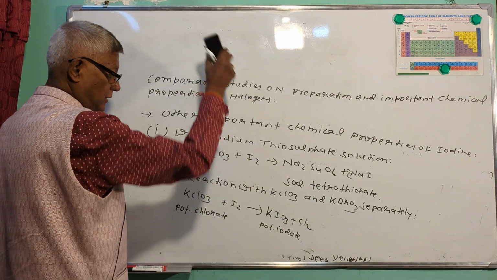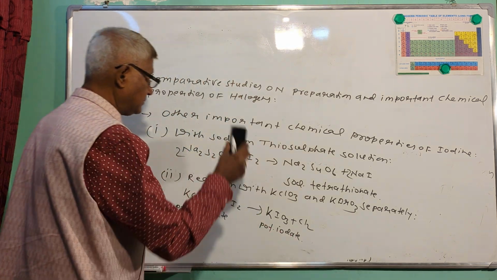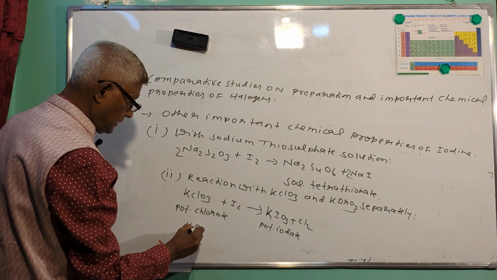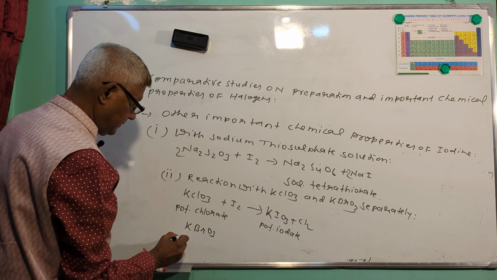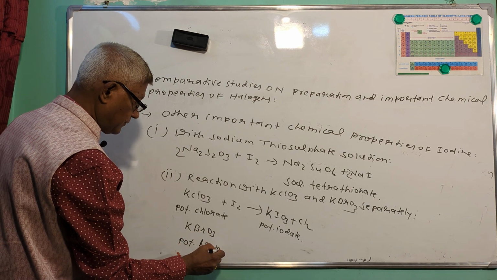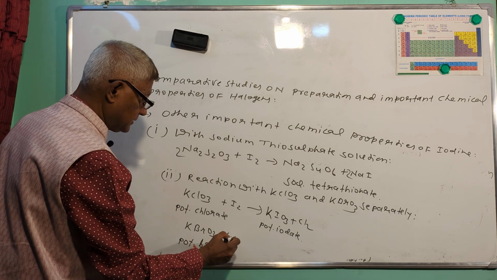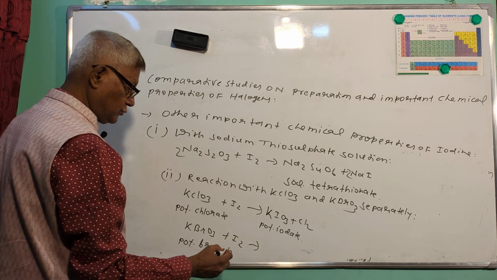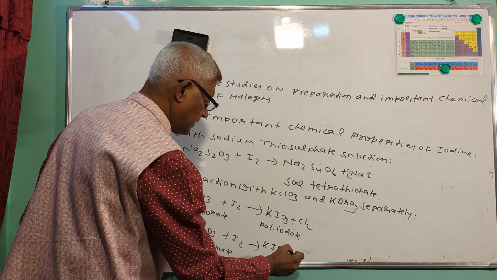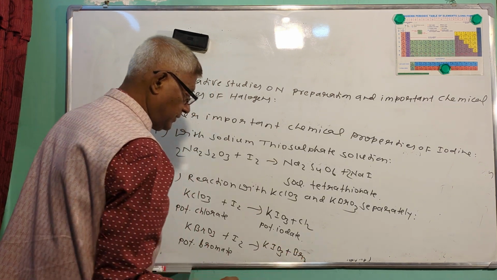Likewise, KBrO3, potassium bromate, plus iodine gives potassium iodate plus Br2.